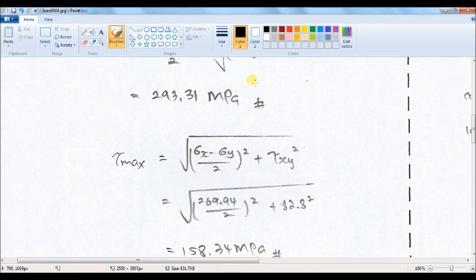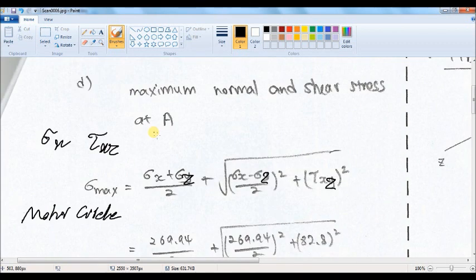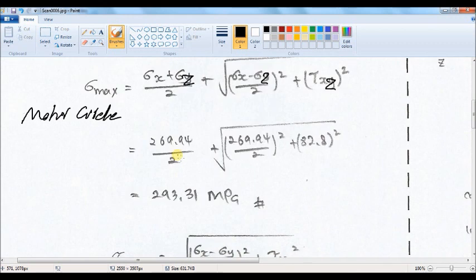And we can find the principal stress, which is 293.